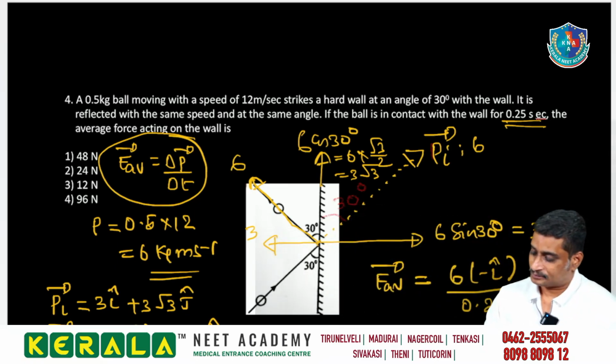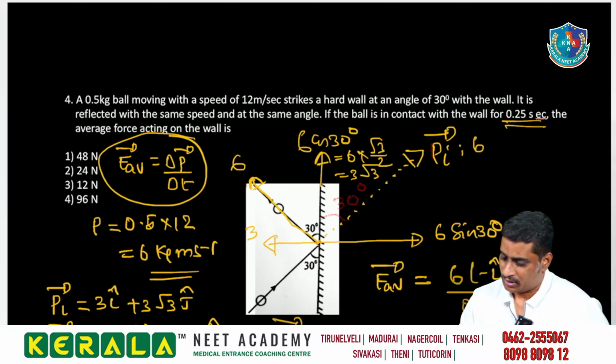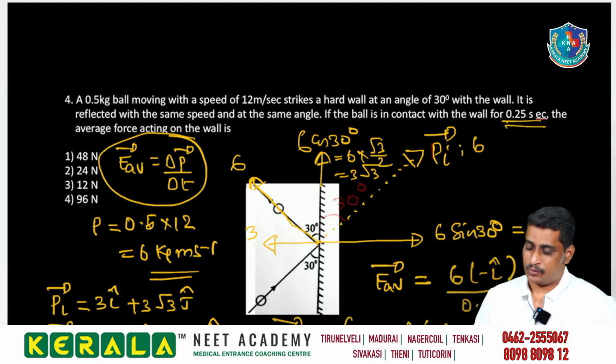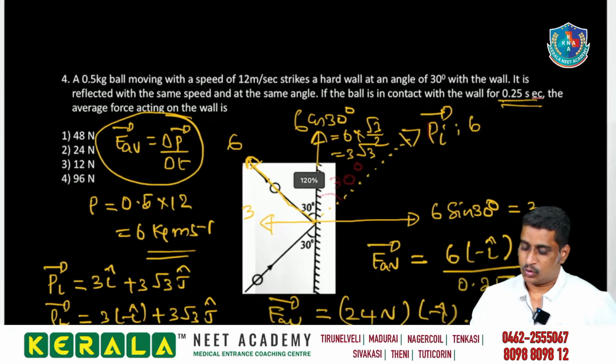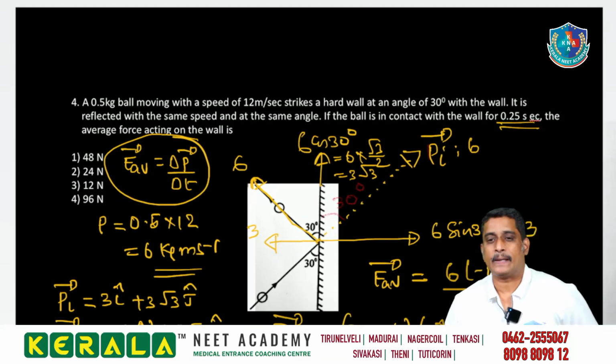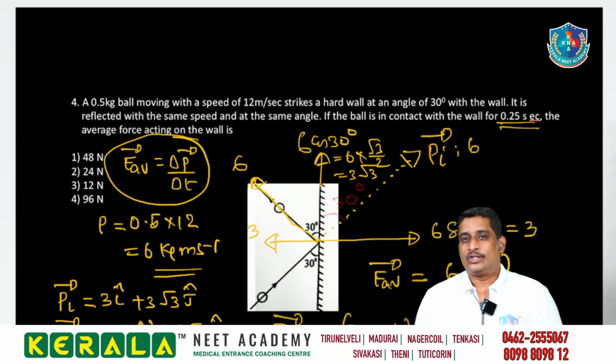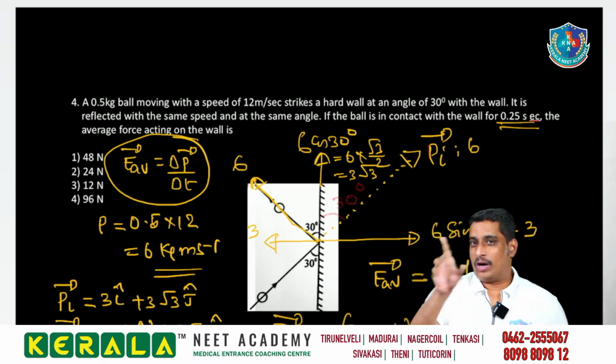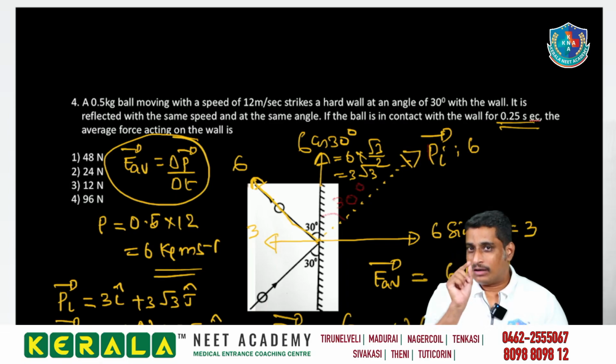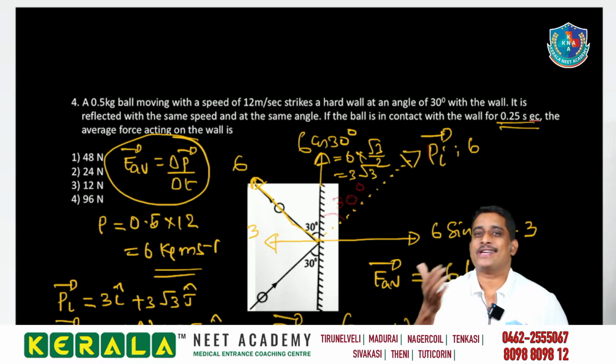So by solving this particular equation for average force, you will get the average force to be 24 newtons minus i cap. Which means during this collision of the particle with the wall, that wall will exert the force over the particle along negative x-axis.